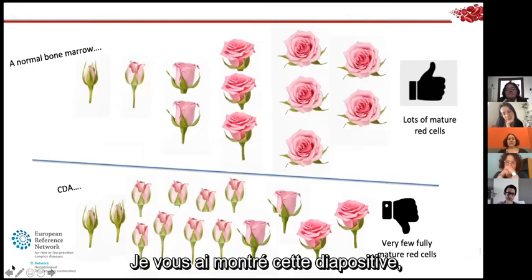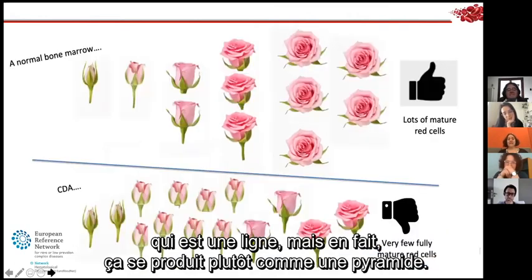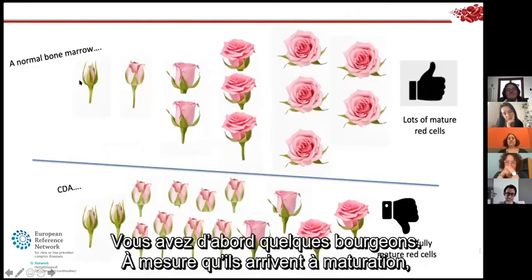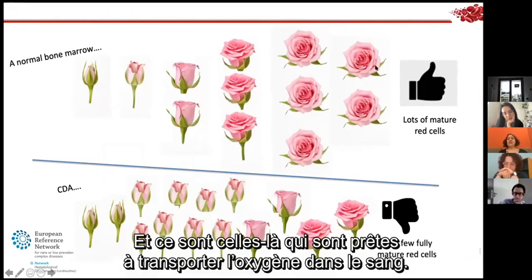I showed you this slide, which is like a line, but in fact, it happens more like a pyramid. So you start off with a few of the buds, but as they become more mature, the cells grow and expand until you have lots and lots of mature cells. And these are the ones that are ready to go and carry oxygen in the bloodstream.